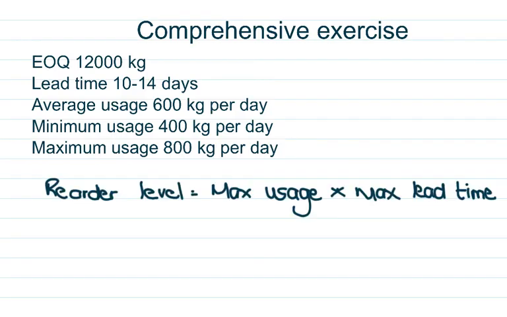If we are doing the first one, the reorder level, we are saying we look at the maximum usage, and our maximum usage is given as 800 times the maximum lead time. Our lead time is between 10 and 14 days, so the maximum number of days to get this order will be 14 days.